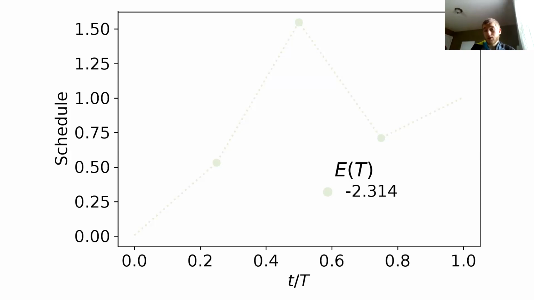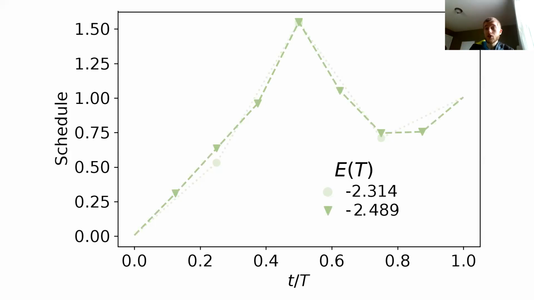So then what we do is we insert more points in between the points that we have already, and then we try to optimize those, so that we can improve the energy even further. Very practically, if we did another round of this, it's going to look something like this.